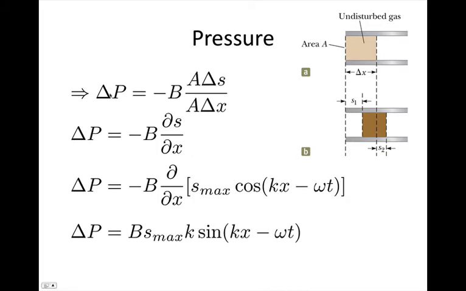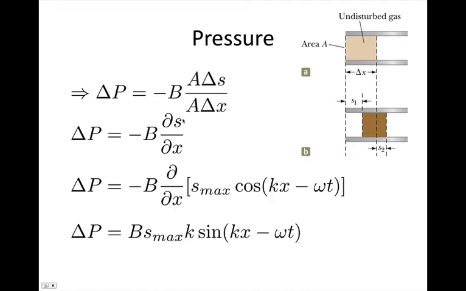Okay, now we're just going to substitute in. Delta P is equal to minus B times delta V over V_i. Delta V is A delta s, and V is A delta x. So now the A's will cancel out, and taking the partial derivative, replacing this capital delta with a little delta to indicate that we're taking just a very small increment, we can write this as minus B ds/dx.